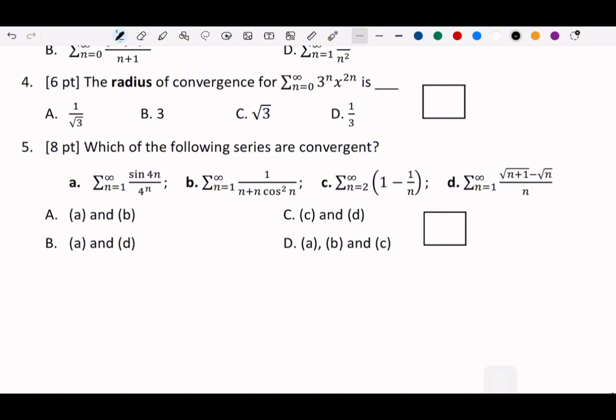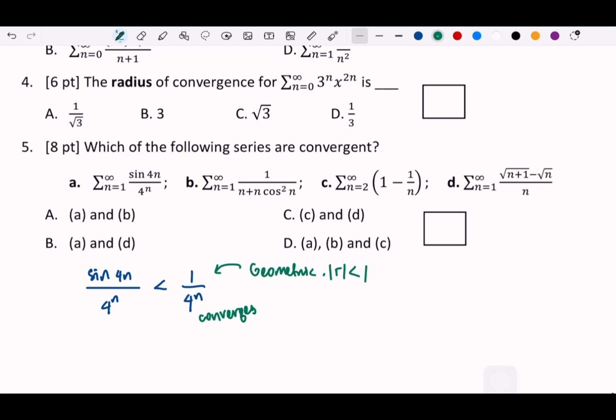Well, let's check through comparison for A. Suppose we imagine that this should be lower than this series, right? And this series here is geometric, so r is less than 1, which is 1 over 4, so this converges.